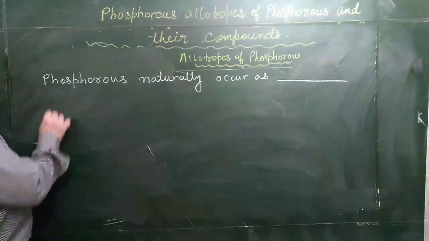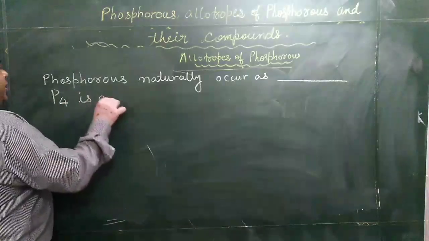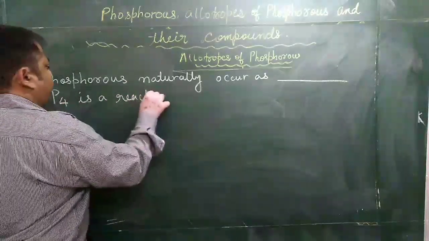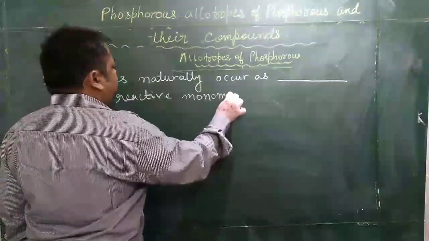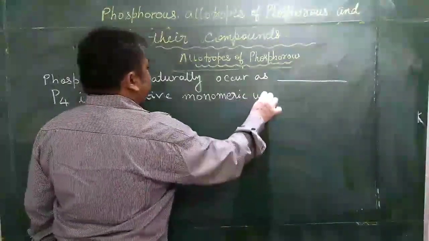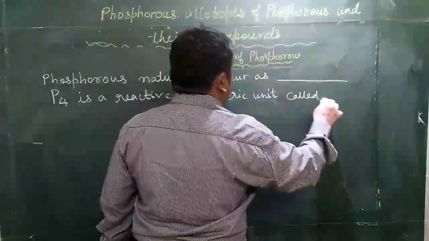Second, P4 is a reactive monomeric unit called dash.